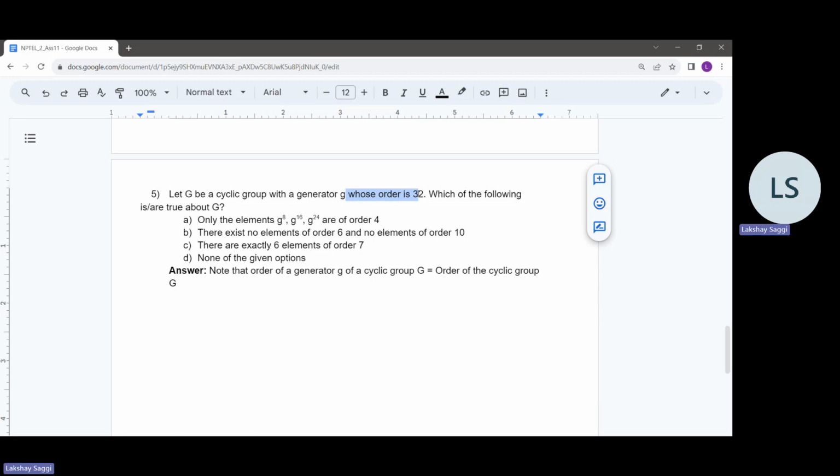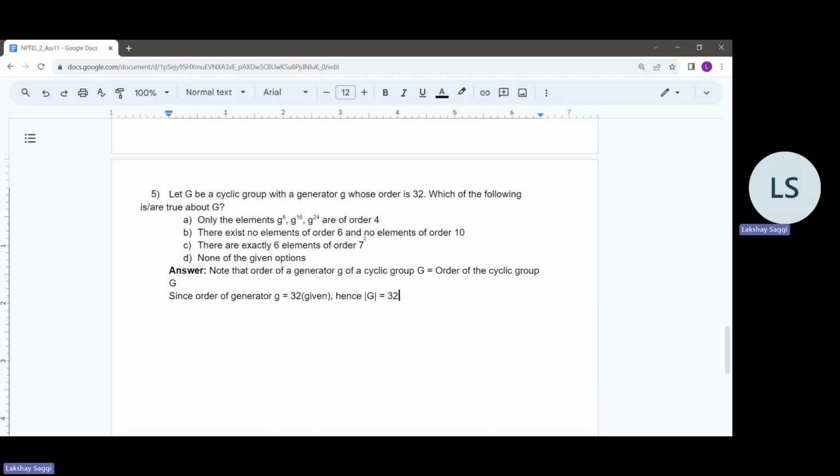Hence the order of the cyclic group is also 32, which means this cyclic group capital G has 32 elements.